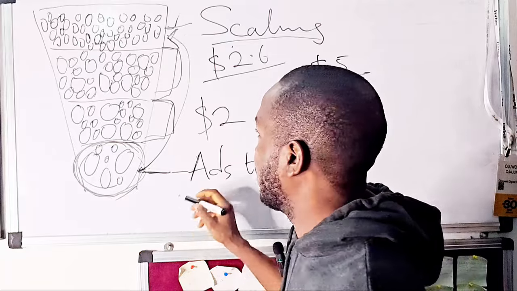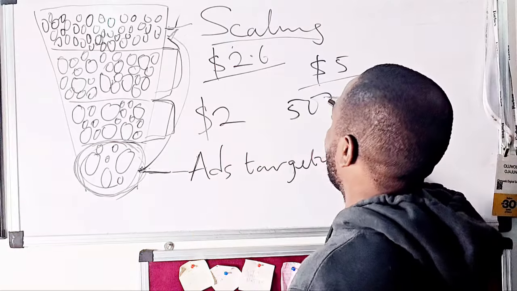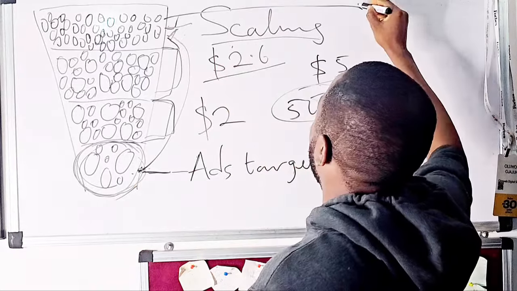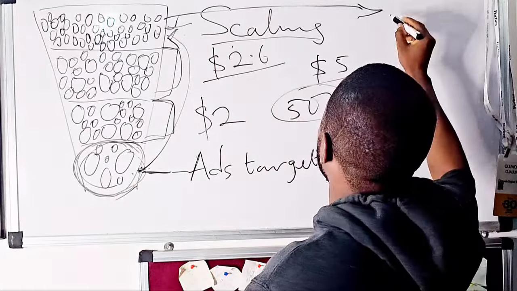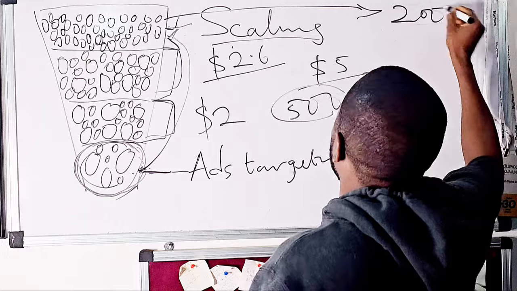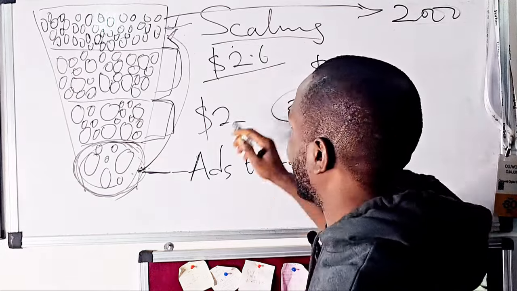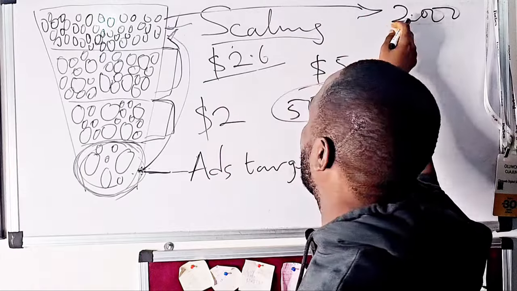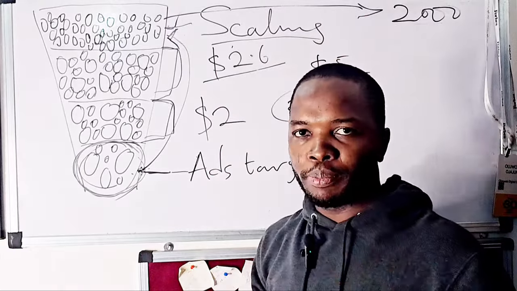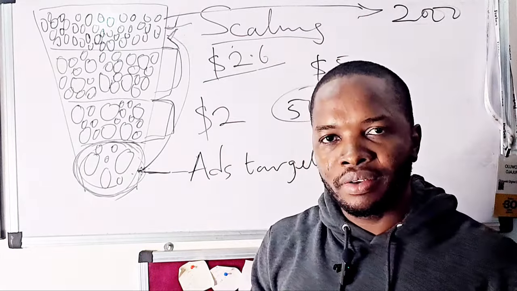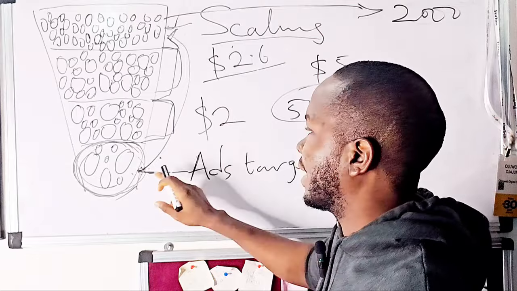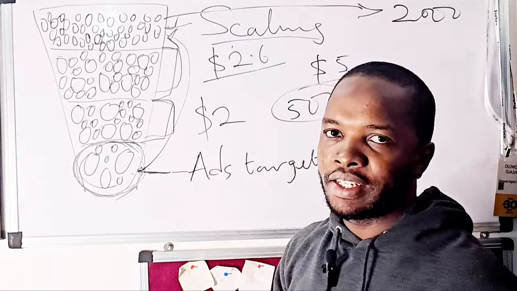So if you are getting maybe about 500 leads right here, when you're targeting here, by the time you are at this point, you might be getting about 2,000 results. So you can now calculate the difference from what you are getting right here and what you are getting right here. So the profit can be very substantial, even though it is lesser than what you are getting when you are targeting at this point.